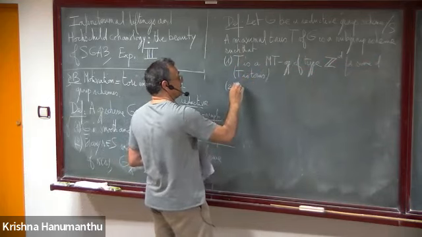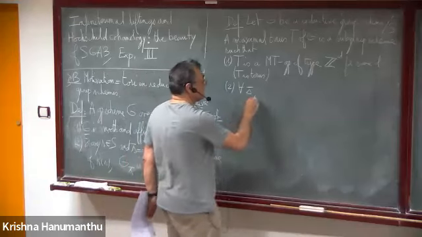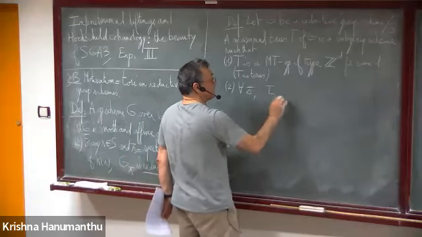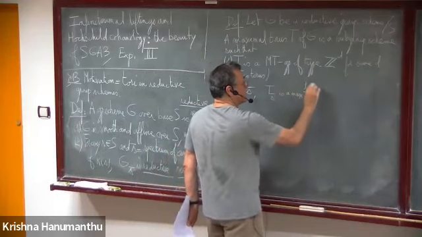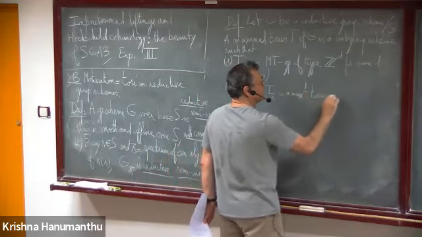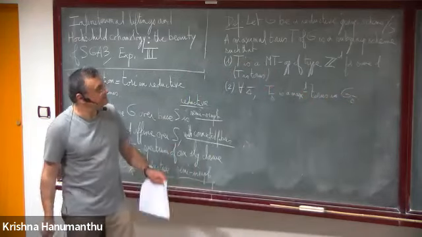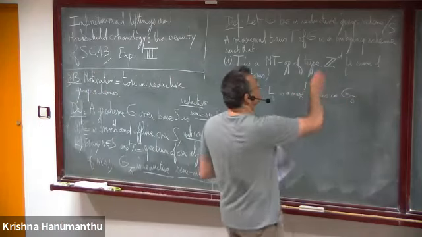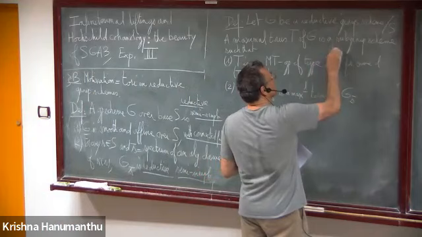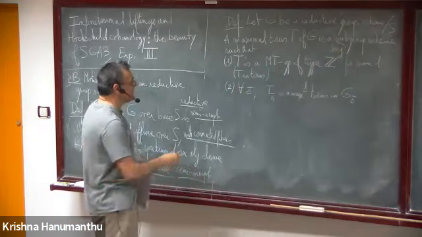And secondly, for any geometric point s bar as before, T_s bar is a maximal torus. Hmm? Well, yeah, you're right. Probably I should add those. Okay.